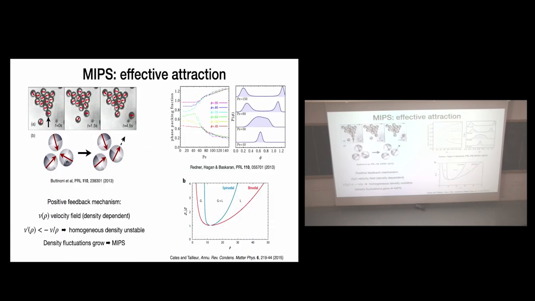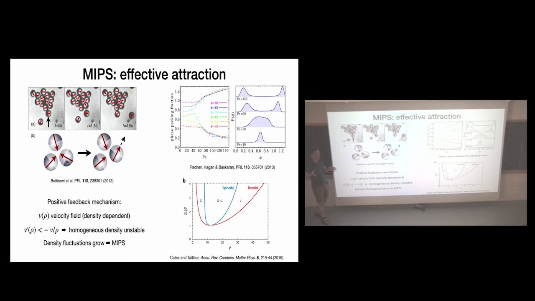The mechanism is something you don't have at equilibrium: when you imagine three particles colliding, the particles touch, but if their velocities are pointing in the same direction, these particles need a time to reorient, whereas for a Brownian particle this time is zero.